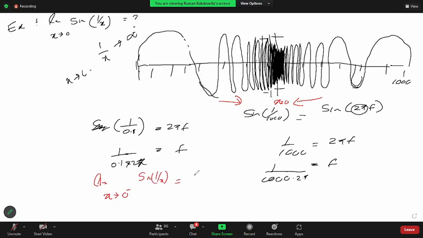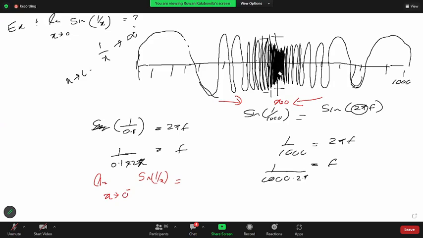If you could write it this way, 1 or 1.5, it is okay. But here, due to this high frequency, how can you tell me a value for that?